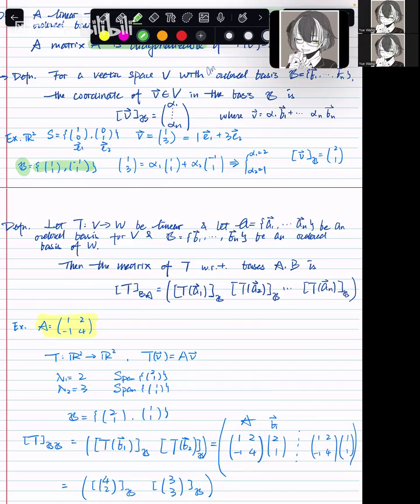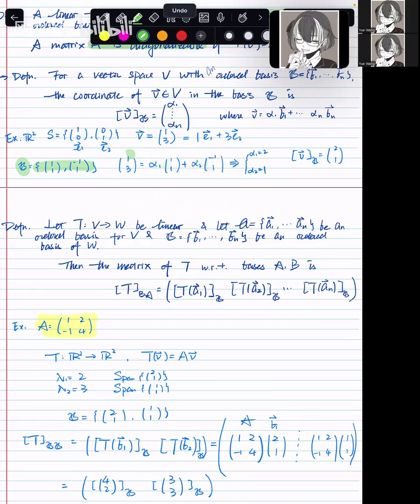And we can compute what our coordinate is with this basis. So we just solve the equation. We have v equals alpha 1 times v1 plus alpha 2 times v2. So 1 equals alpha 1 times 1 plus alpha 2 times negative 1, and 3 equals alpha 1 times 1 plus alpha 2 times 1.